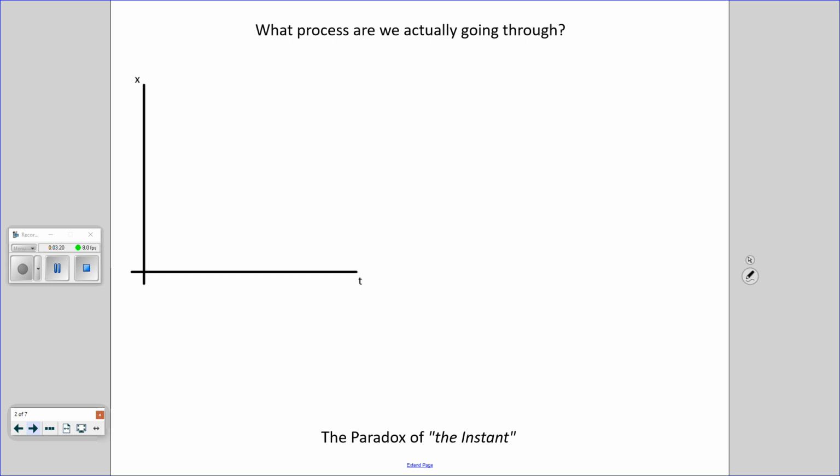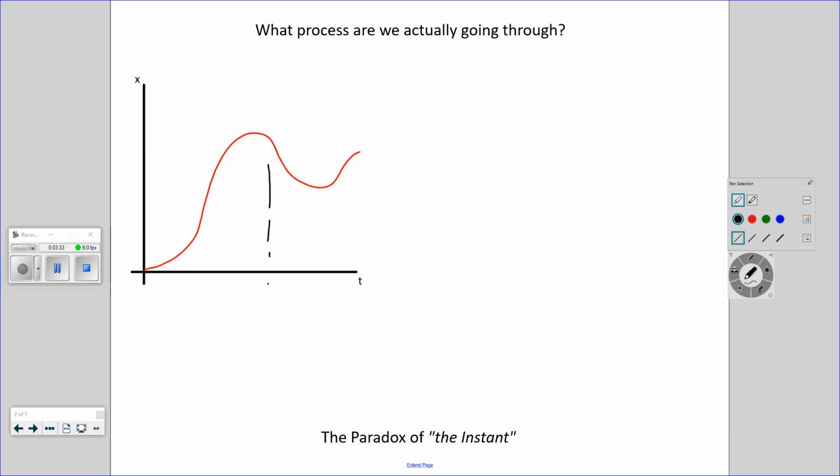Let's say that we want to find the instantaneous velocity of this object at this time, let's say right now, that time t. What's the process that we actually go through? Velocity by definition is the rate of change of position.